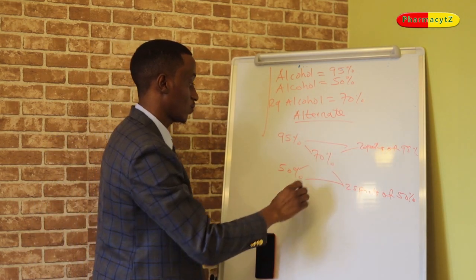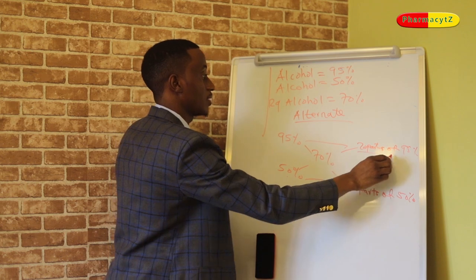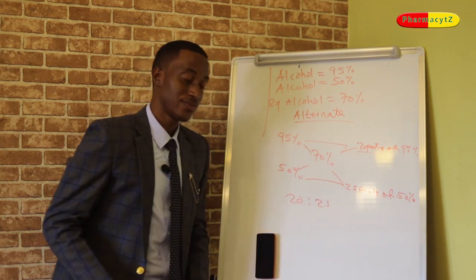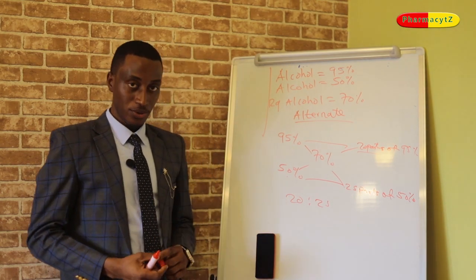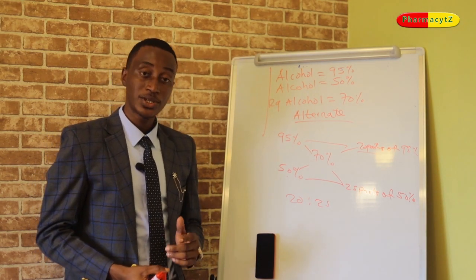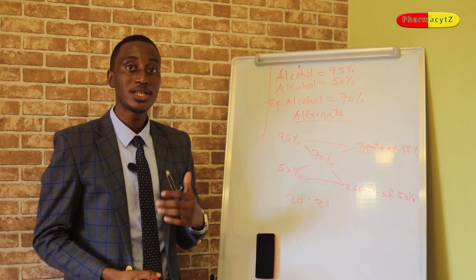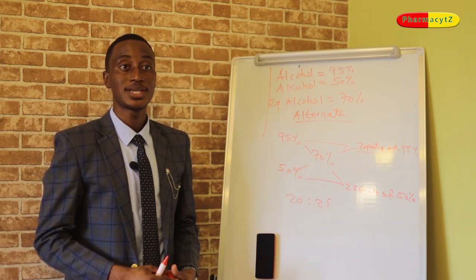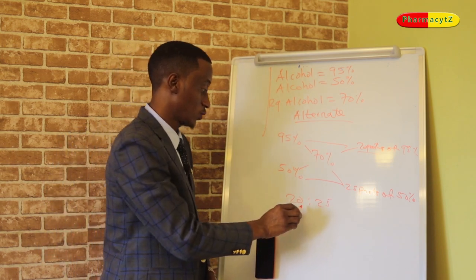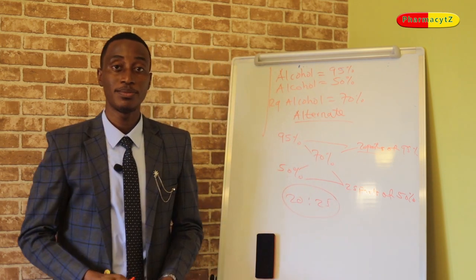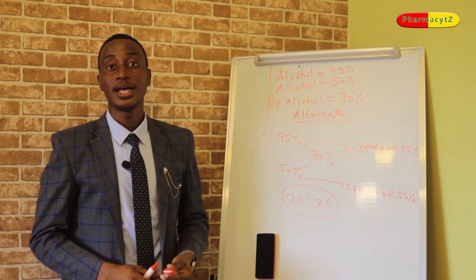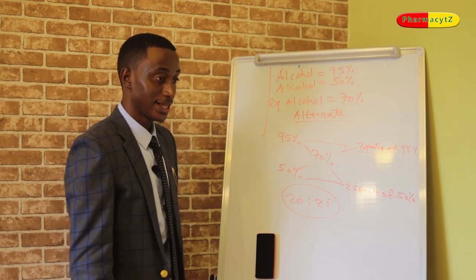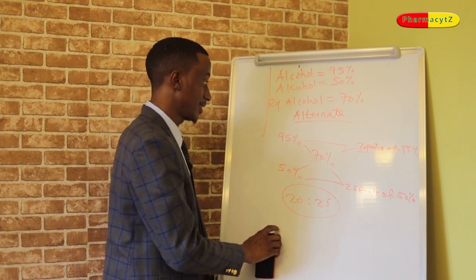So we have 20 parts of 95% and 25 parts of 50%. The question was about the proportion. The proportion simply means the alligation ratio. So they are going to be mixed in the proportion of 20 to 25. Let's check the next question.